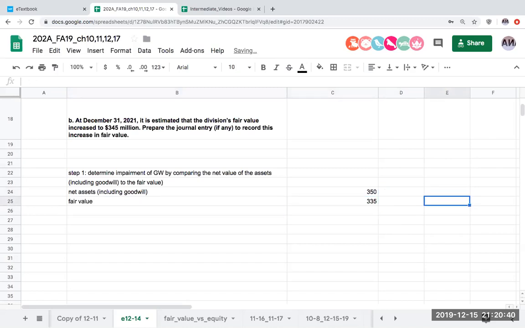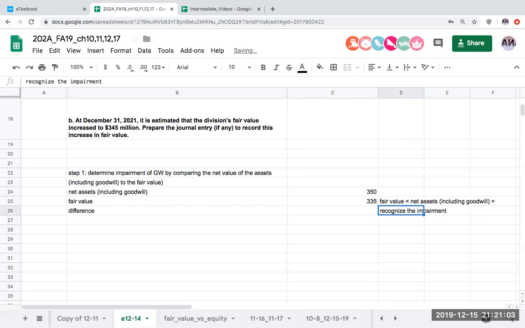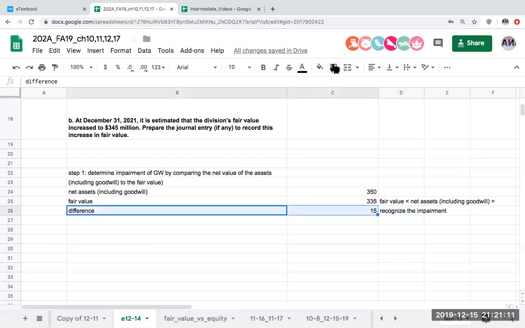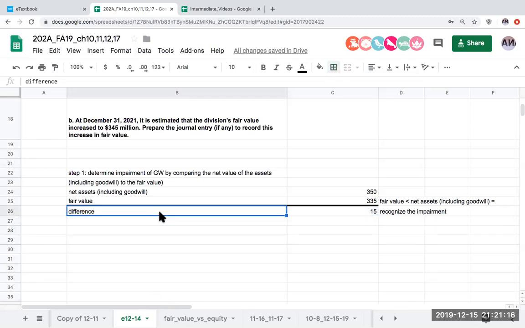If the fair value is less than the net assets, including goodwill, we're going to recognize the impairment. And sure enough, the difference is 350 minus 335, or 15 million. So goodwill has become impaired by this difference.